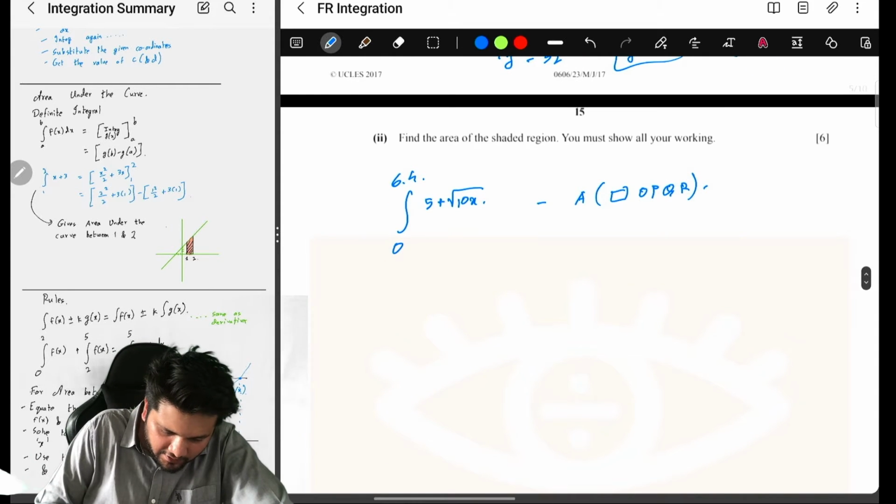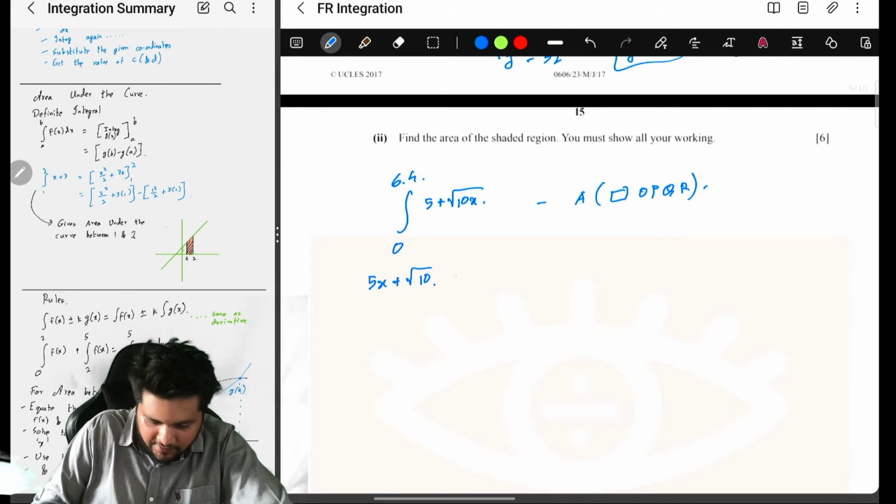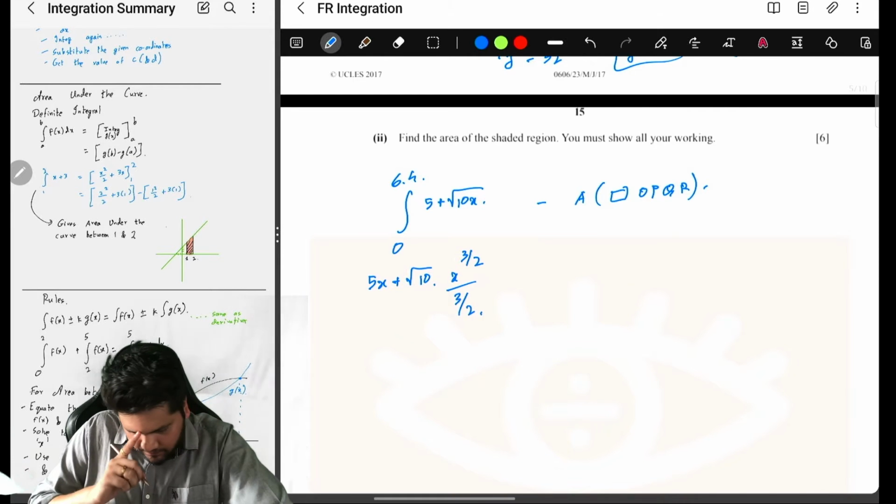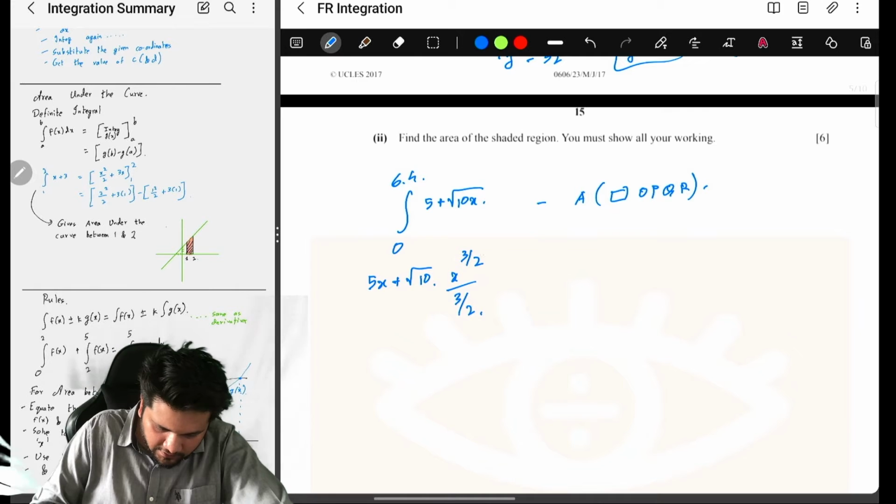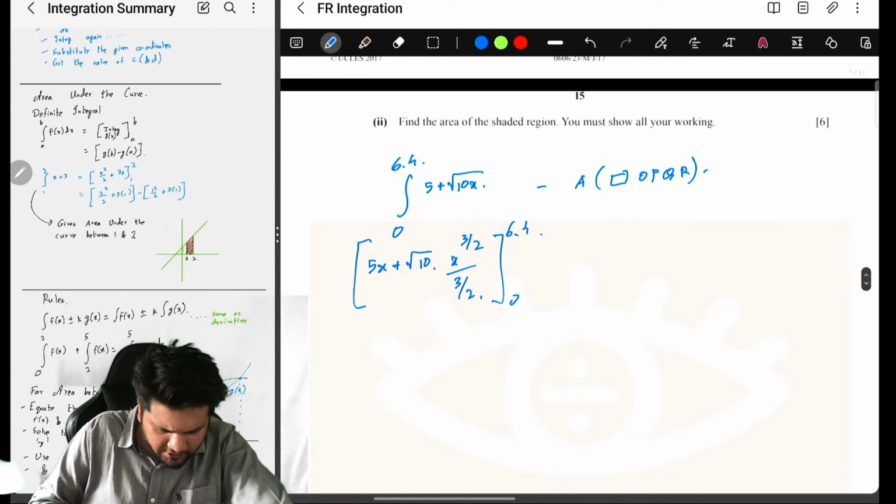So for this one, as you can see, 5 plus root 10x, it's going to be 5x plus root 10, a constant outside. The integral of root x is nothing but x to the power of 3 by 2 upon 3 by 2. And obviously the limits are from 0 to 6.4. We're just going to substitute here.